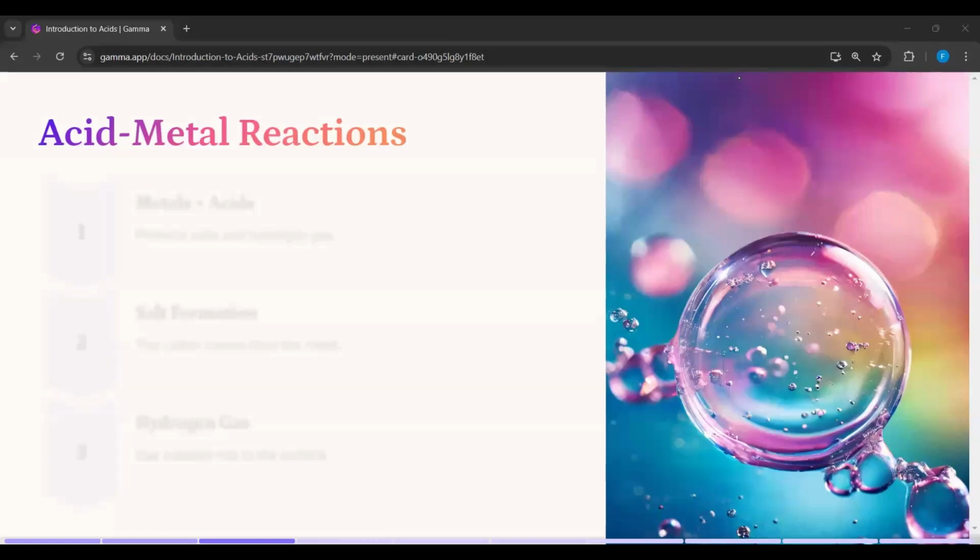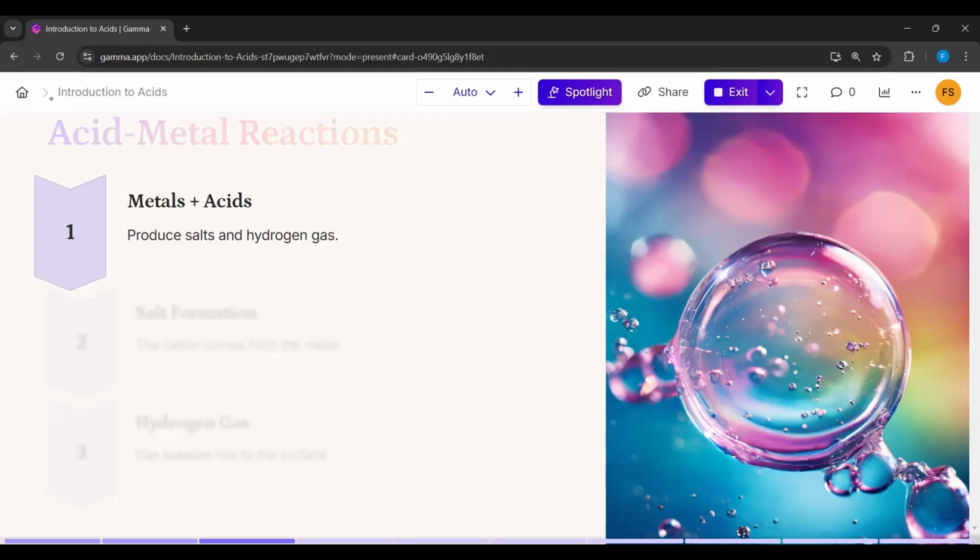Metals are quite reactive. They can be used to displace the hydrogen from the acid safely. Metal plus acid produces salt plus hydrogen. It is unsafe to try this reaction with very reactive metals.